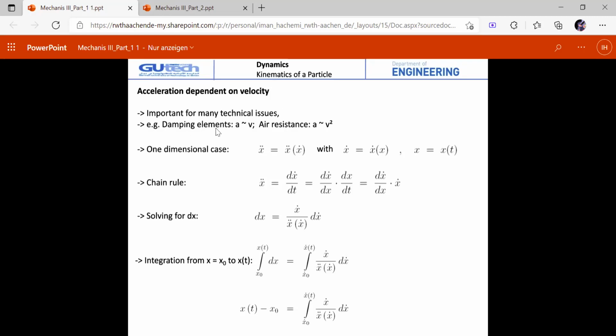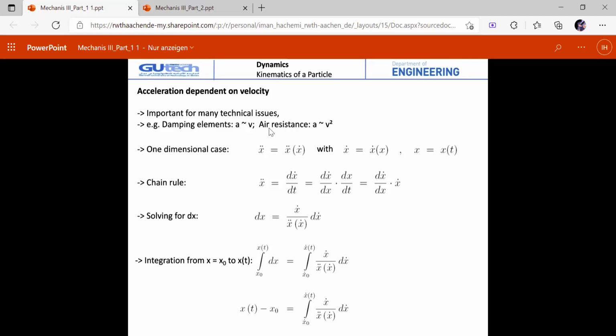Now, there are many technical cases, for example a damping element, where the acceleration a, in the one-dimensional case x double dot, is a linear function of the velocity.